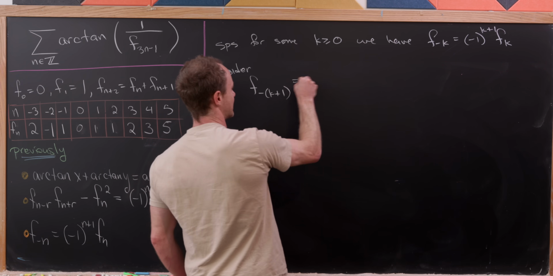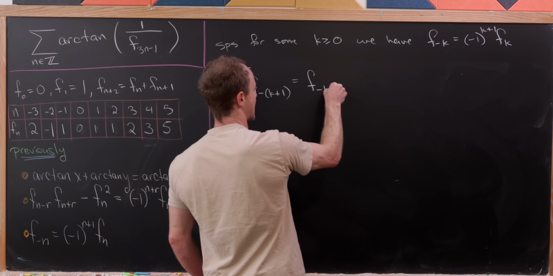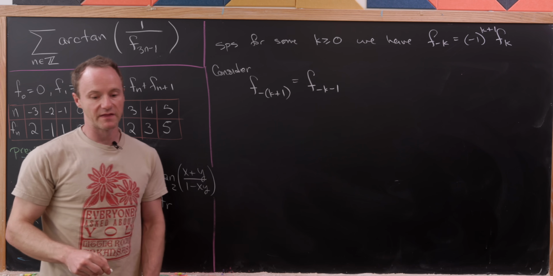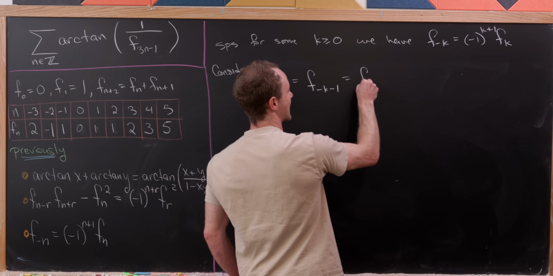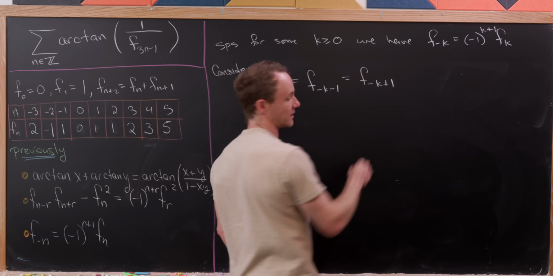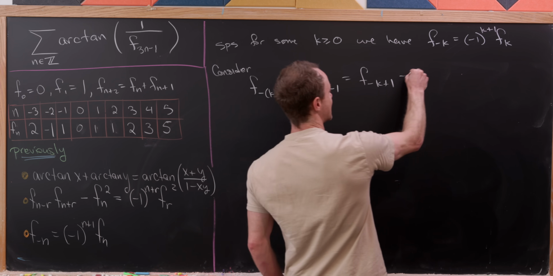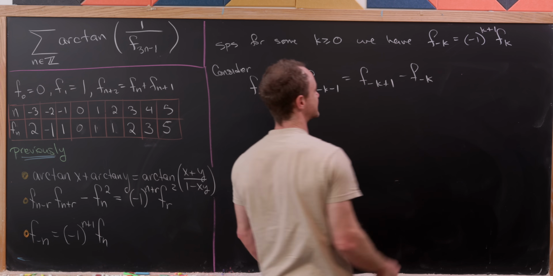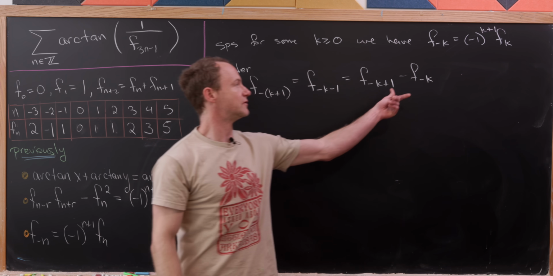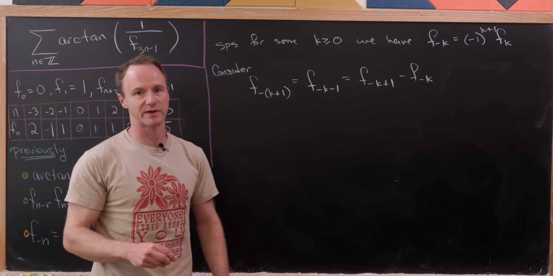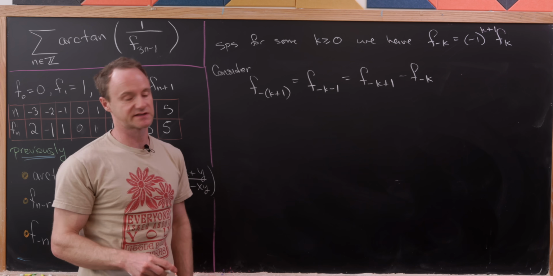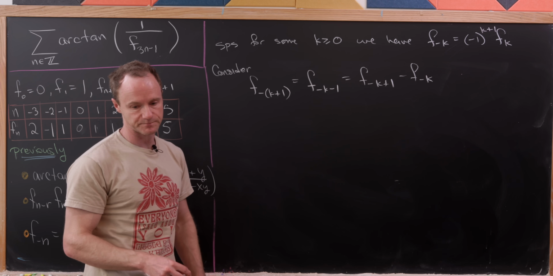But notice that's obviously equal to f sub minus k minus 1. And then by the Fibonacci recursion, we can rewrite that as f sub minus (k minus 1) minus f sub minus k. So that's really clear. If you move this minus f sub minus k to the other side of the equation, you'll see that we have one term is equal to the sum of the previous two.